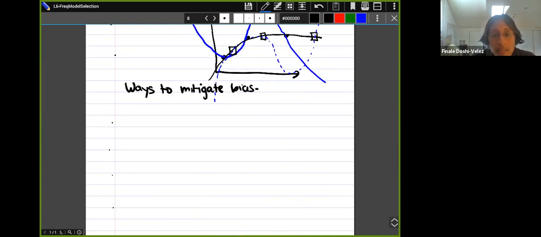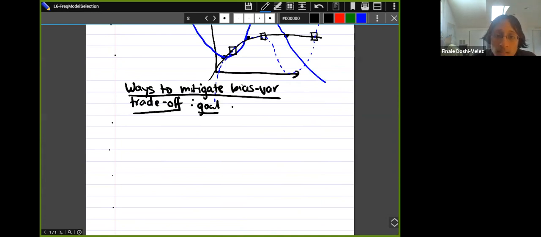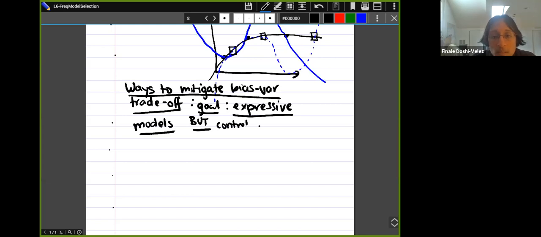this bias-variance trade-off. And in particular, our goal is going to be having expressive models but we want to control the variance. Because if we don't have expressive models, we're screwed, right? If our models cannot express the function that we're trying to fit, then the bias is high and we're just stuck.